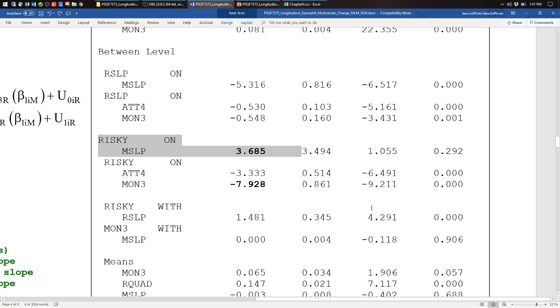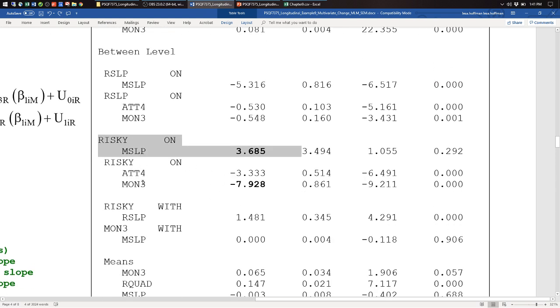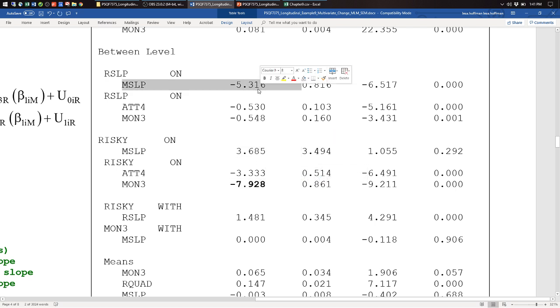This is the regression of the monitoring slope on the risky intercept. Actually, I think I did the wrong one. I want this one. Yeah, not that one. Hang on. Not that one. This one. That one. And that one. So these are in units of x per unit of y, which is why the numbers are so big. But when I created standardized versions of them, they were wrong.